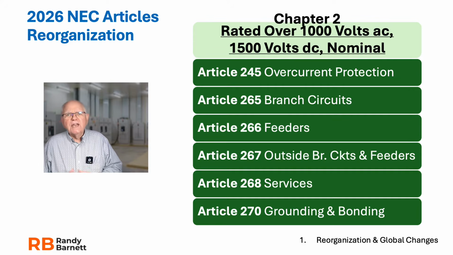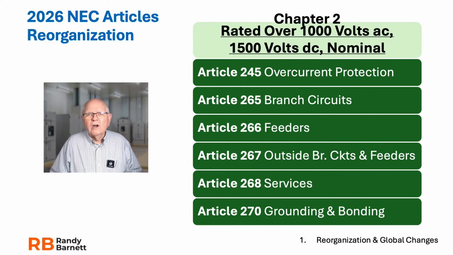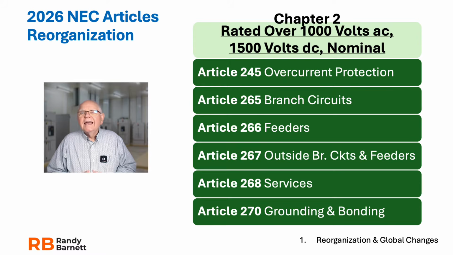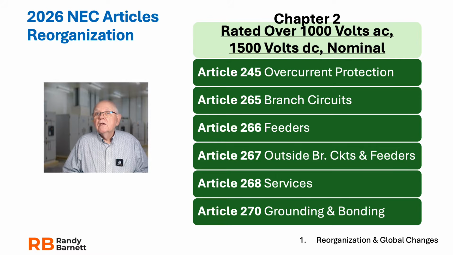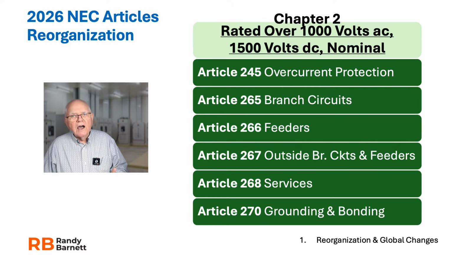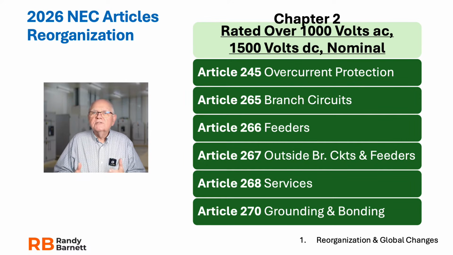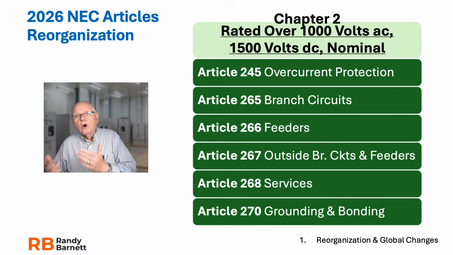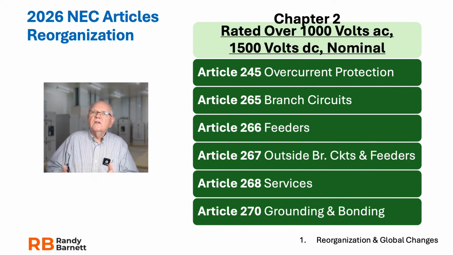Let's take a look at Chapter 2. We just talked about Chapter 1. Let's see what they did in Chapter 2. These 6 articles that we have are for systems and equipment rated over 1,000 volts AC, 1,500 volts DC nominal. So we have Article 245, which is overcurrent protection for systems rated over 1,000 volts AC, 1,500 volts DC nominal.